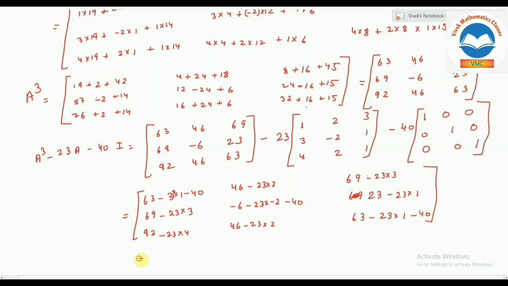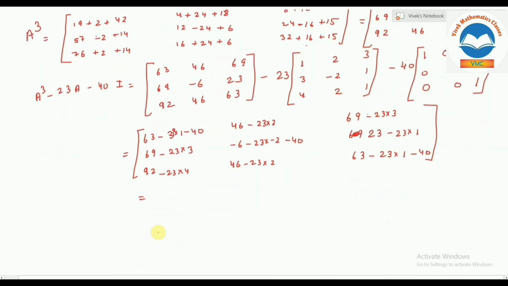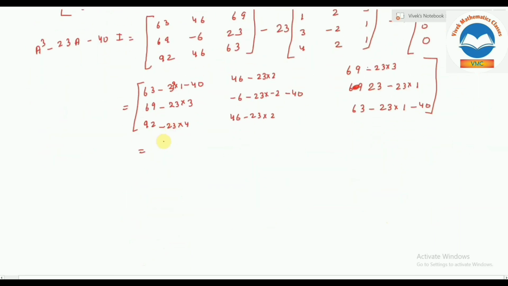So if you simplify this, you will get 63 minus 23 minus 40. And here you will get 46 minus 46. And this will be 69 minus 69.